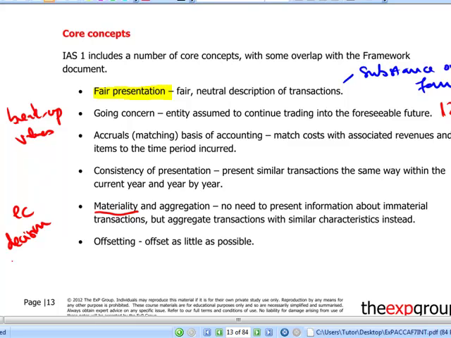If it will actually make them change their economic decisions, that would be a material element.